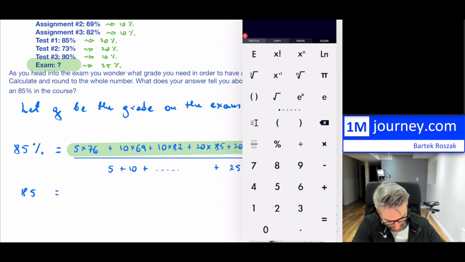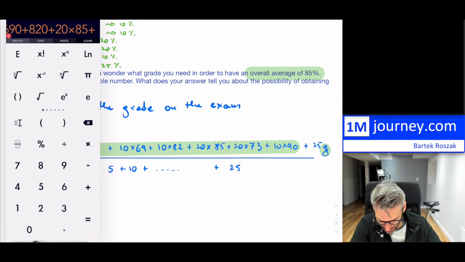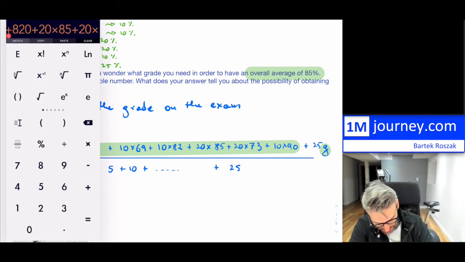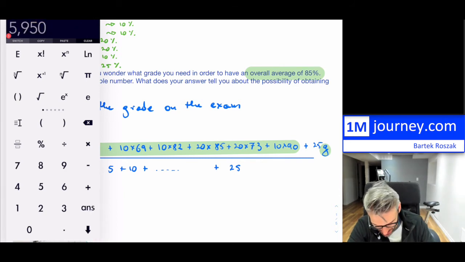So 5 times 76 plus 10 times 69, so that's 690 actually that I can do, plus 10 times 82, so that's 820, plus 20 times 85, I'll let the calculator do that. Then it's 20 times 73 and plus 10 times 90, so that's 900. Okay, so that's the top.